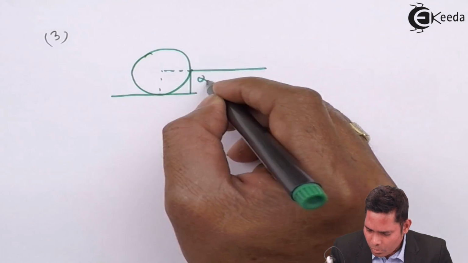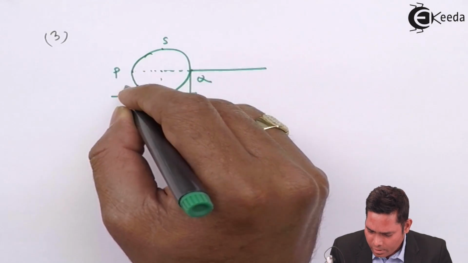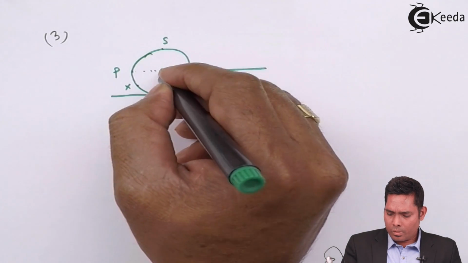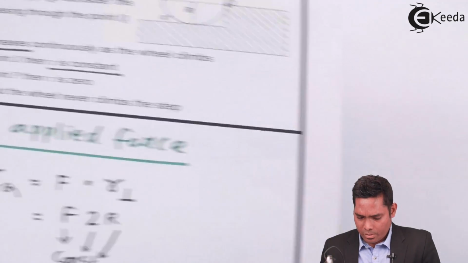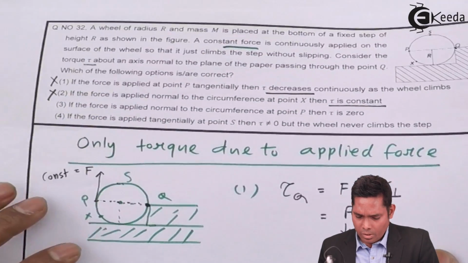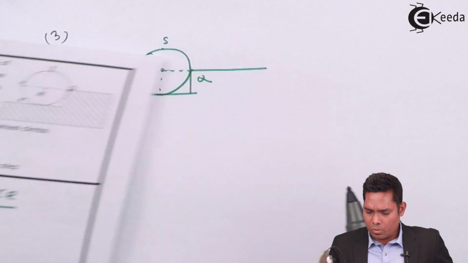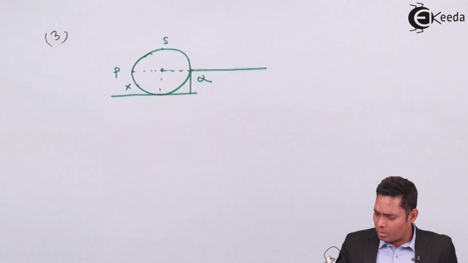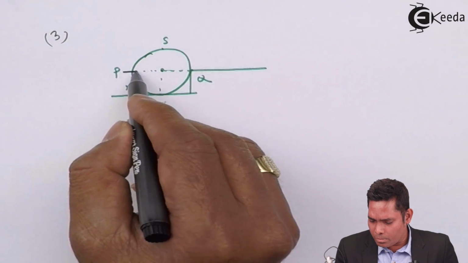This is point Q, this is S, this point is P, this point is X. Now the force is applied normal to the circumference at P. Normal is what direction? This is the normal. So in this direction force is applied.